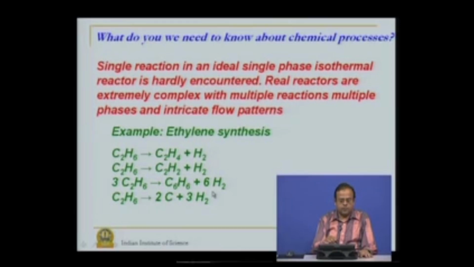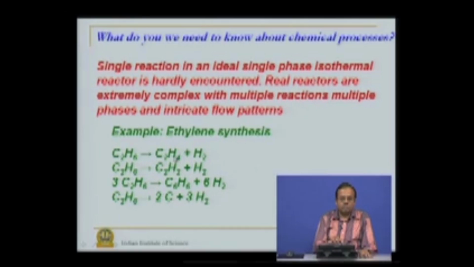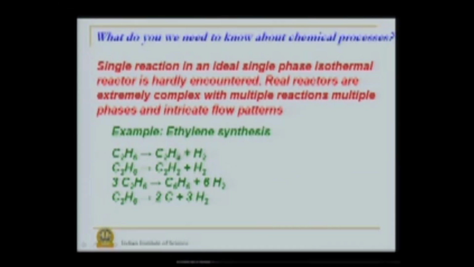All these reactions are producing hydrogen. The point is that even though your product of interest is ethylene, when you have these reactions which are possible, which can occur simultaneously, unless you control your reactions properly, there is every possibility that you can have not only ethylene in your reactor, but also acetylene, cyclohexane, carbon and so on.